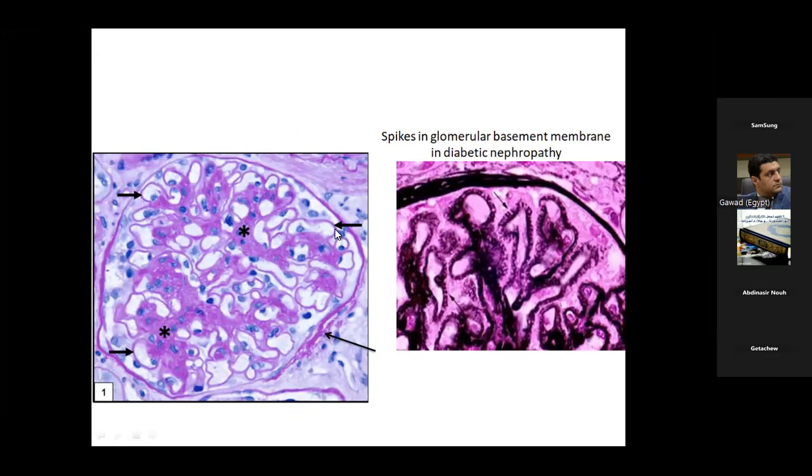Let's compare with diabetic nephrosclerosis, again with its thick glomerular basement membrane. This thickening is just as smooth as we see here, but here the thickening of the glomerular basement membrane is with these hair-like spikes along the outer surface of the glomerular basement membrane, which are made by a glomerular basement membrane reaction along the deposited material.